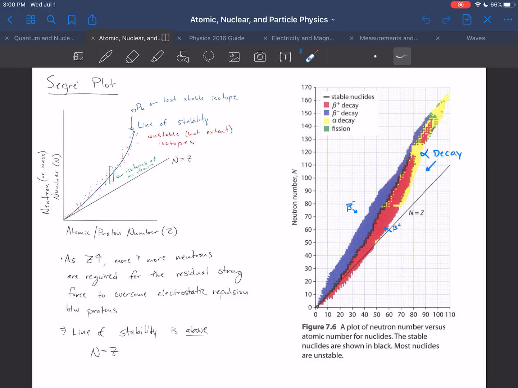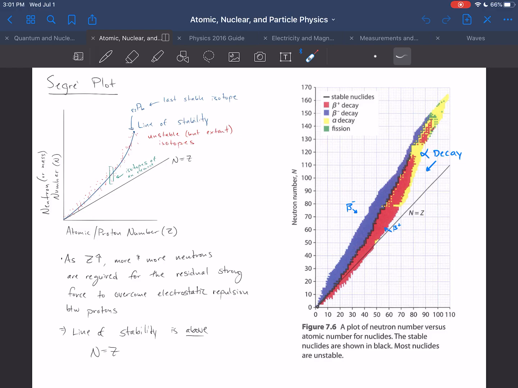Notice there are many other isotopes that can be made with lifetimes ranging from relatively long-lasting to nanoseconds. So they are made in a lab, but not seen otherwise. And if you make them in a lab, you find that they are so unstable they decay very, very quickly. So that's what those would be.